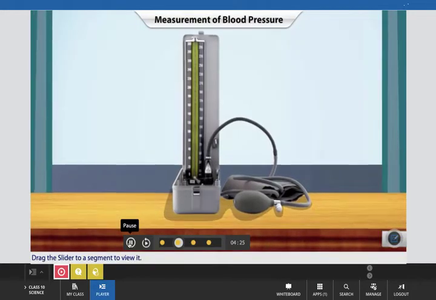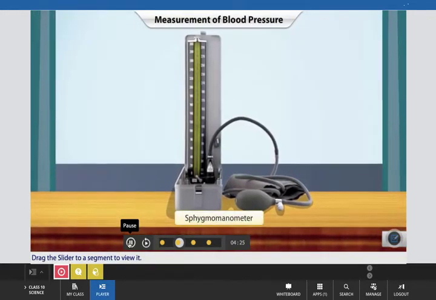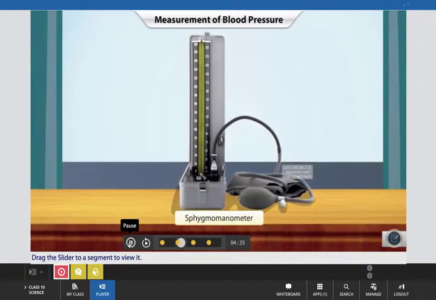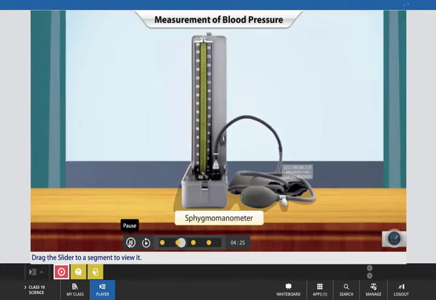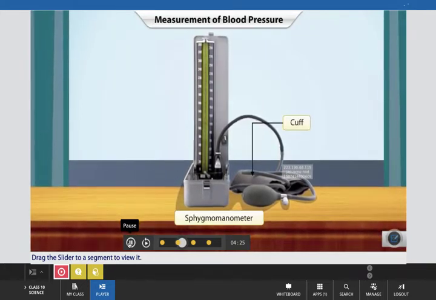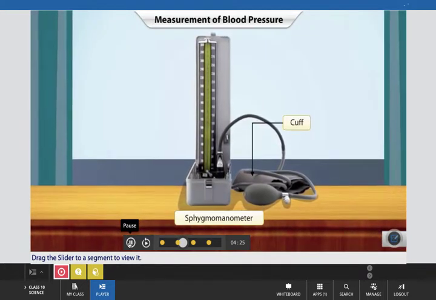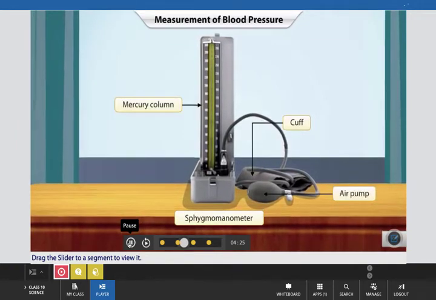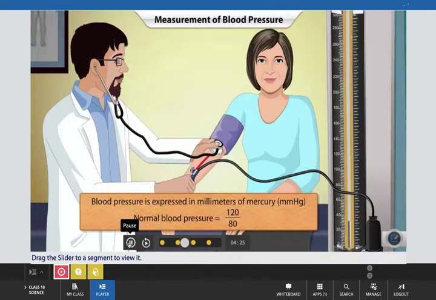Blood pressure is measured by an instrument called sphygmomanometer. It consists of an inflatable cuff that wraps around the upper arm and is connected to an air pump and mercury column. Blood pressure is expressed in millimeters of mercury.